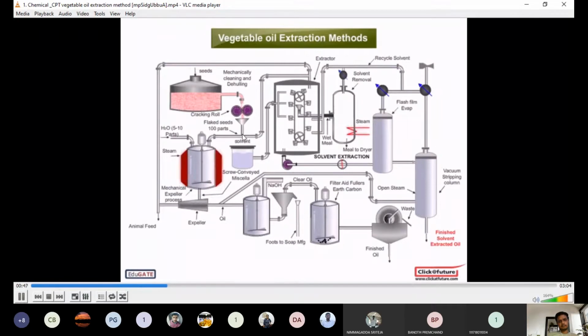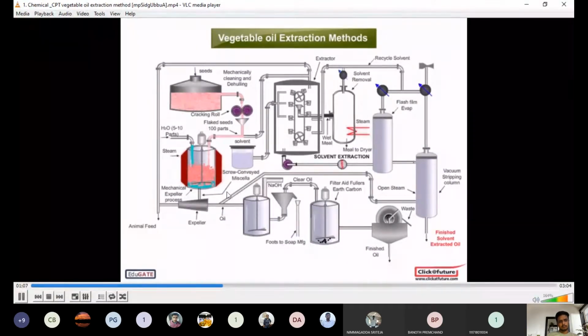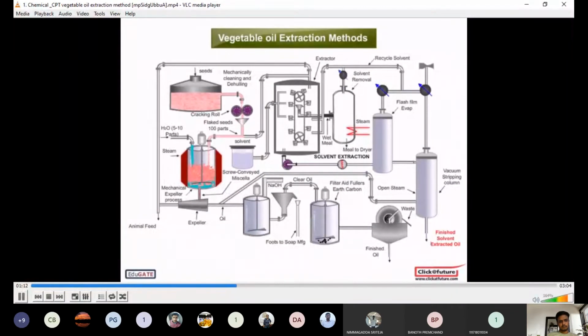Flakes from the size cracking rolls are sent into the mechanical expeller, that is, the digester. Here, steam cooks the flakes and they become more susceptible to release oil at 104 to 121 degrees centigrade. Then it is sent to the screw expeller. In this expeller, solid and liquid get separated from the cooked flakes and separate oil.